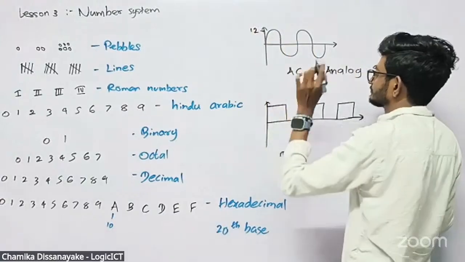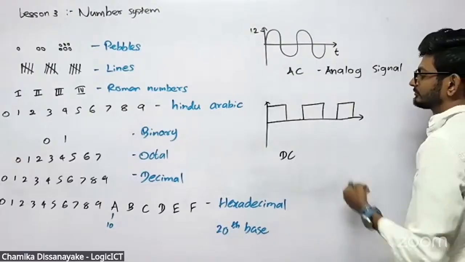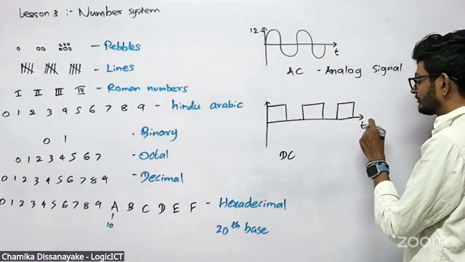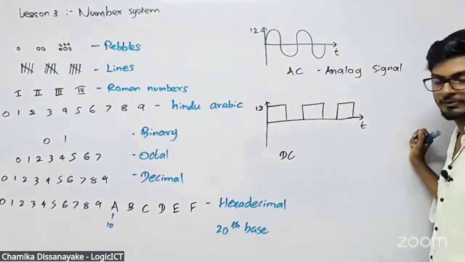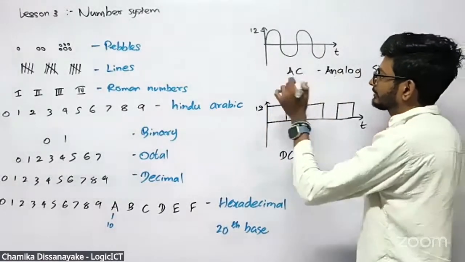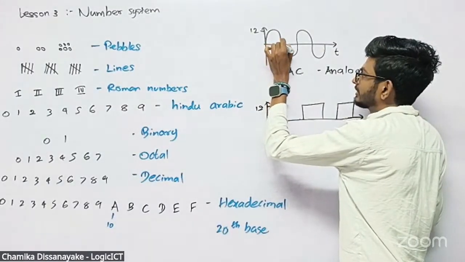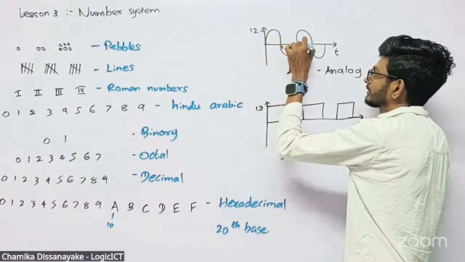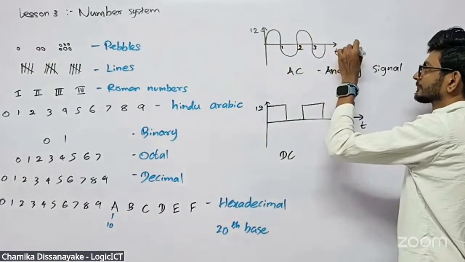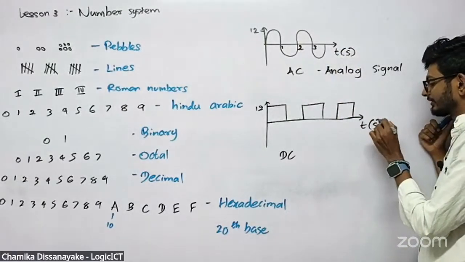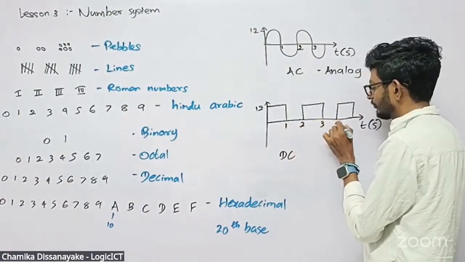On this side it is going to be time, also time, and here it will be the value 12. Here, I will say this is the first second, this is the second, this is the third second. Likewise, seconds: first, third, fourth.